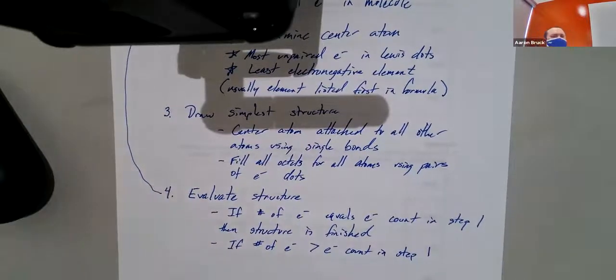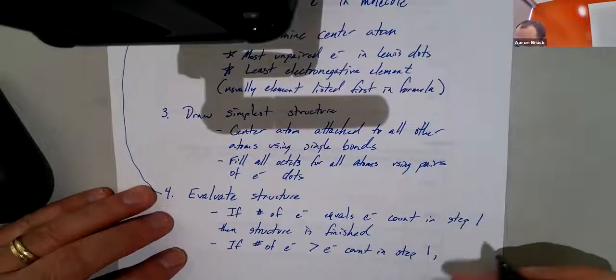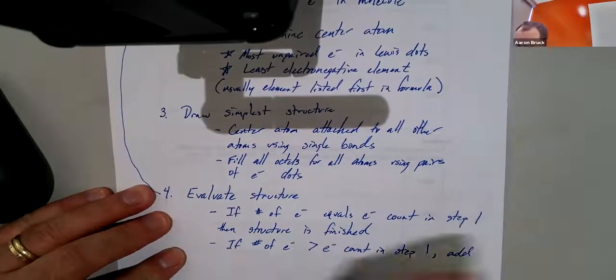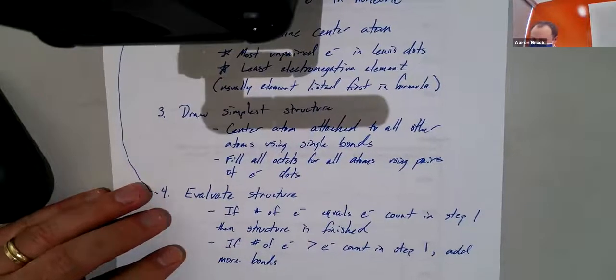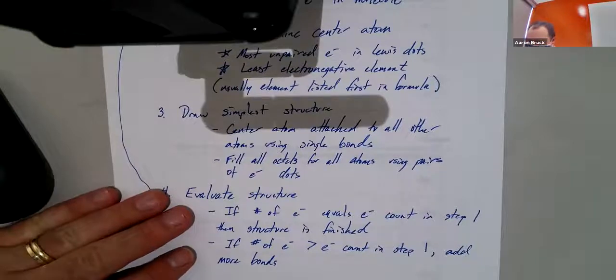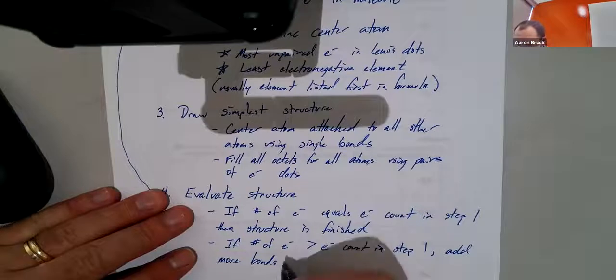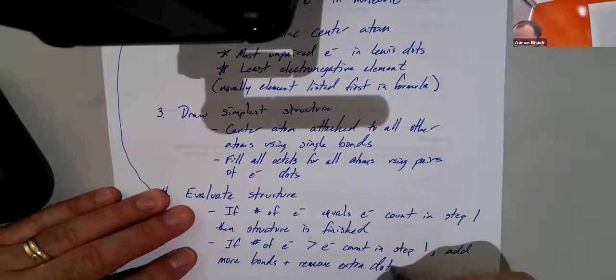If the number of electrons in the structure is greater than the electron count in step 1, we need to add more bonds and remove extra dots.